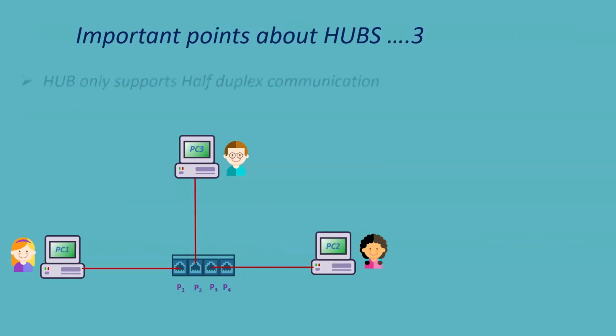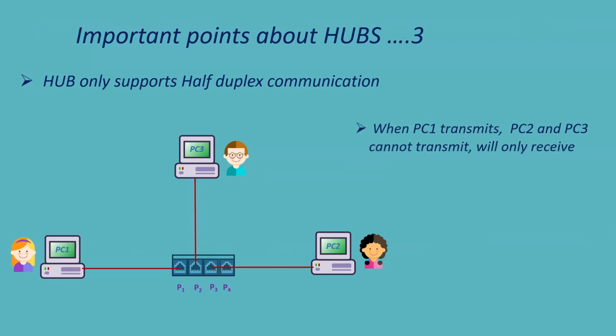Hub is a device that only supports half duplex communication. That means only one device can transmit and the others cannot transmit at the same time. They can only receive. So when PC1 transmits, PC2 and PC3 will only receive. Again, flooding is happening, but the key concept is the hub does not allow full duplex communication.